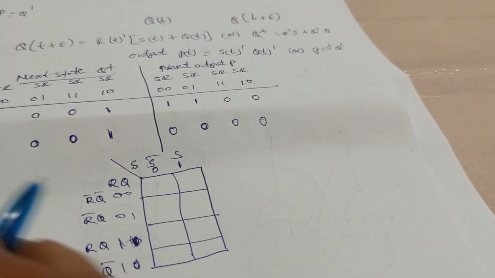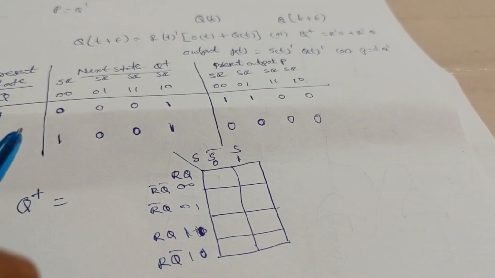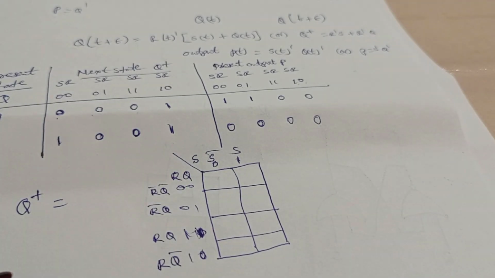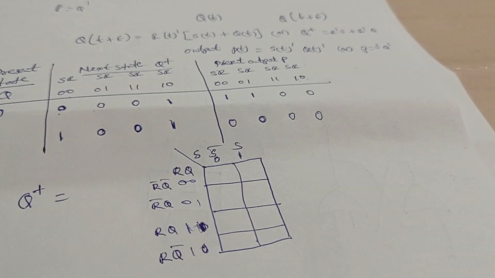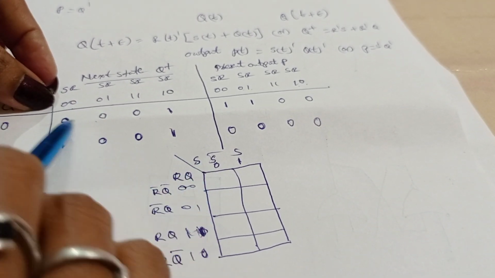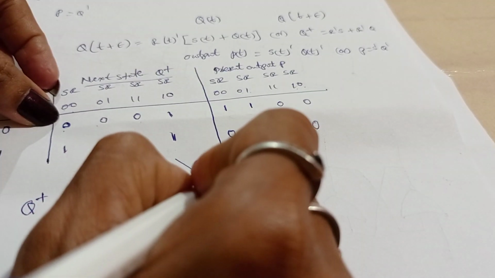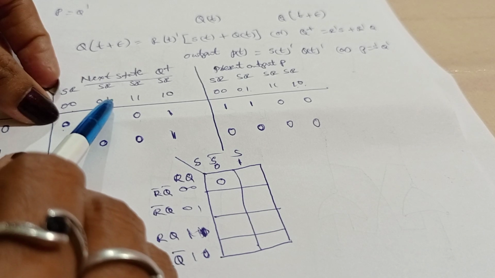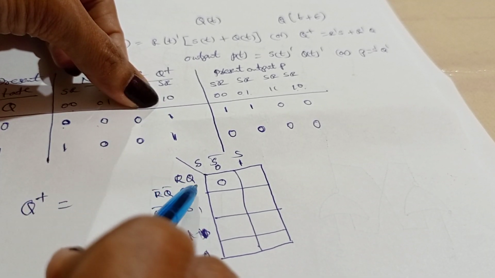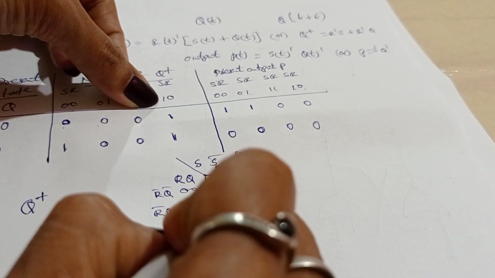Now place these Q plus values in this K-map. That is 0, 0, 0, 1. S0, R0 and Q0, place 0. Next S1, R0, Q0, that is place 1.